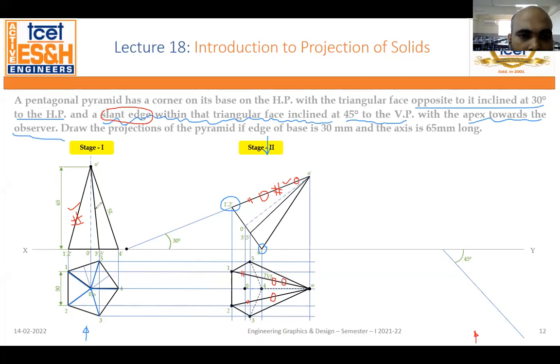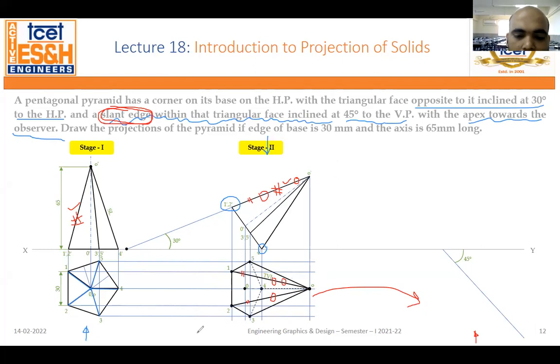So in the question they are talking about the true length of the slant edge. ठीक है, they are talking about the true length of the slant edge. But when you take this figure here, you will not be taking a true length, so answer हो जाएगा गलत.